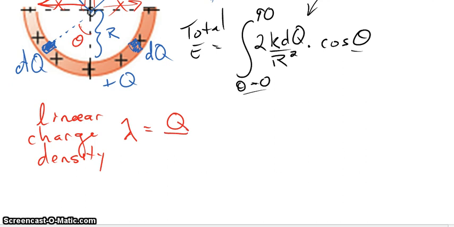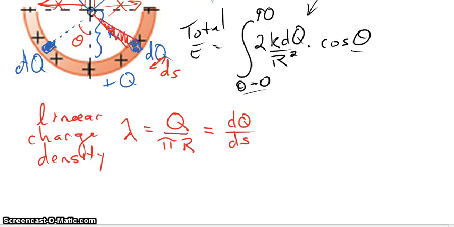Total charge divided by actual total distance, right? Half of a circumference, pi r. That's got to equal the infinitely small amount of charge over an infinitely small distance, ds. This little dq is spread out over ds. Sometimes we use s as an arc length.